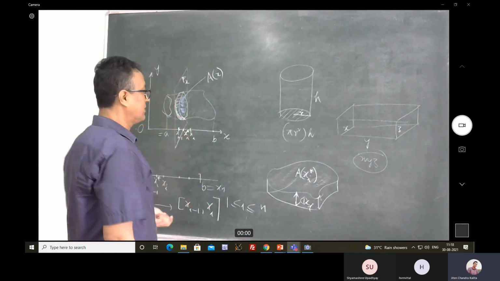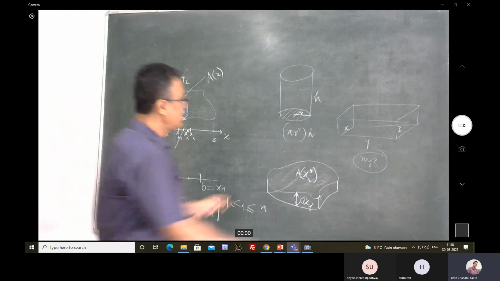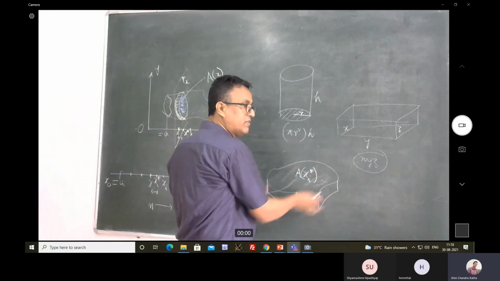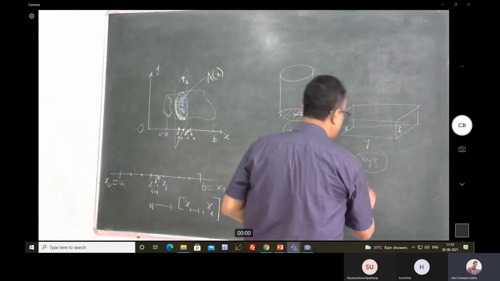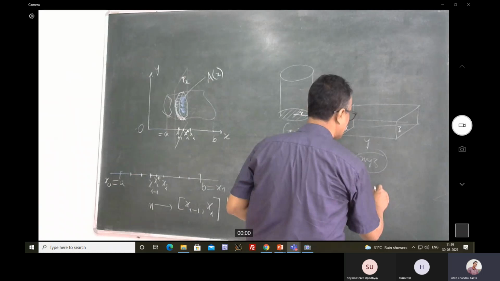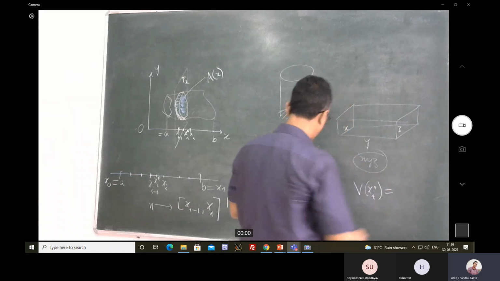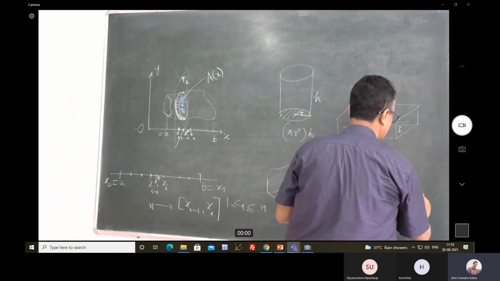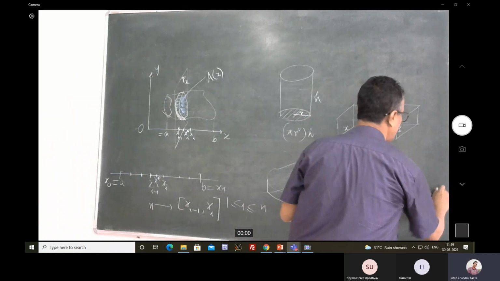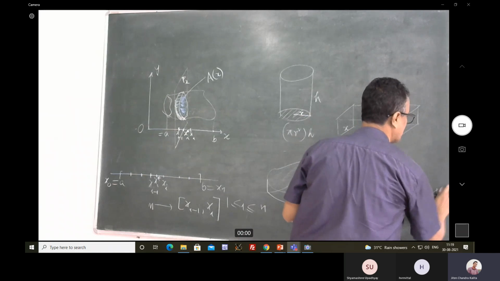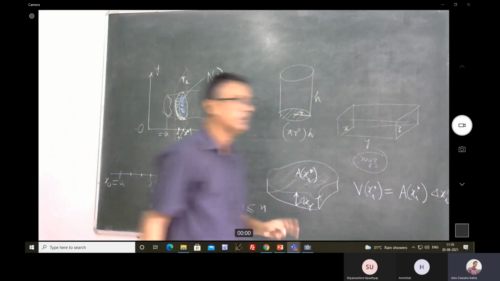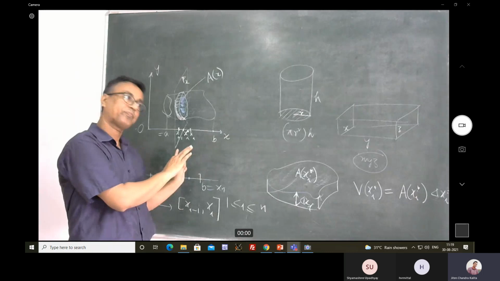Okay. So then, what is going to happen? The volume of this individual slice, if I call it say V of x_i star, is simply going to be A of x_i star into delta x_i. For the time being it is fine, right?